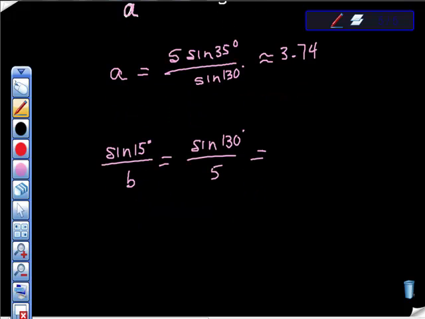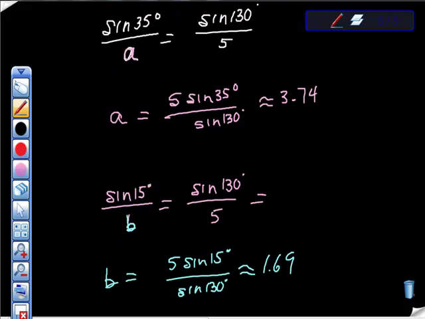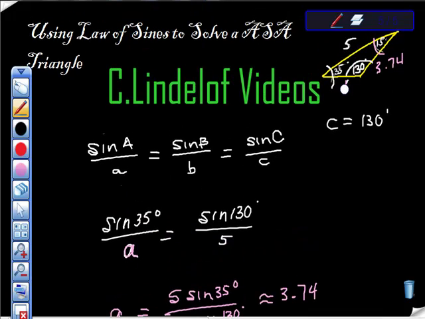Once I get to this point, it's all academic. After I do my algebra, B is equal to 5 sine of 15 degrees over sine of 130 degrees. I use my calculator and get an approximated value of 1.69, and we have this solved.